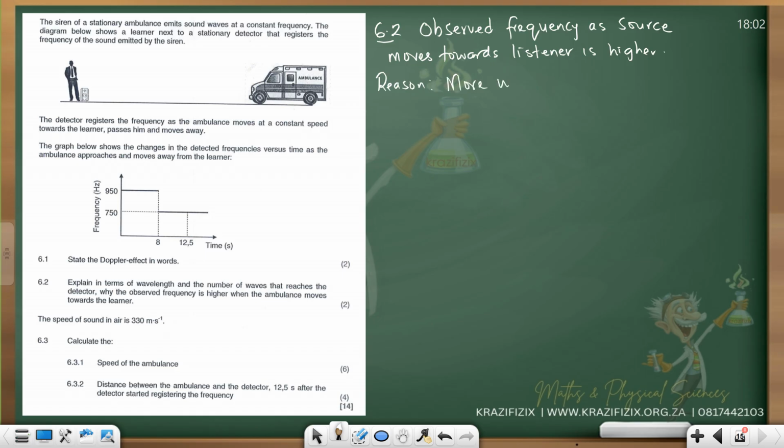More wave fronts, that's the number now, per second or per unit time, reach the listener at shorter what? Wavelength. Because the distance between the waves is now small, so we can count many of them.